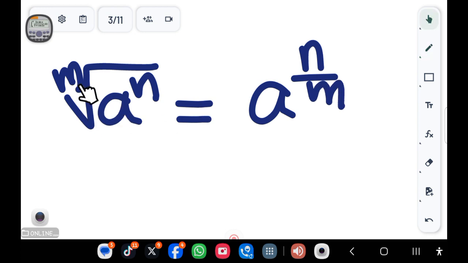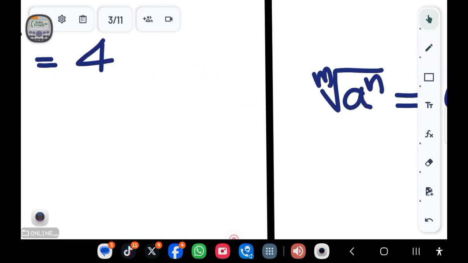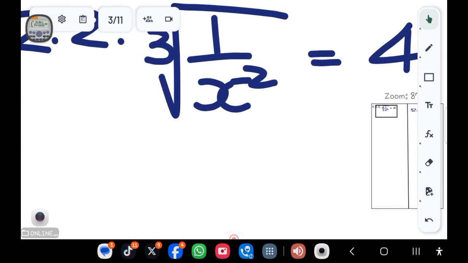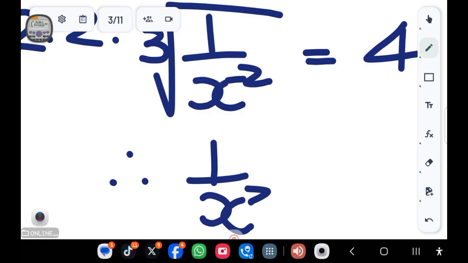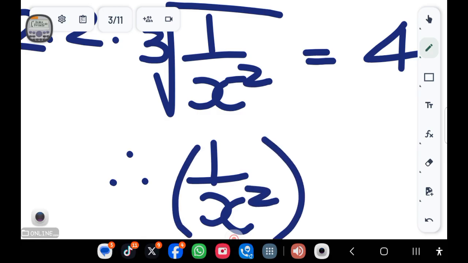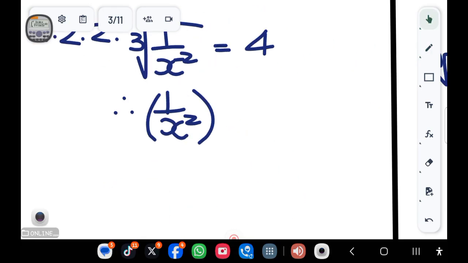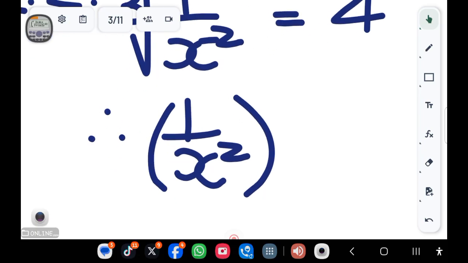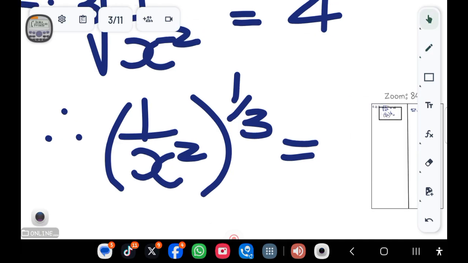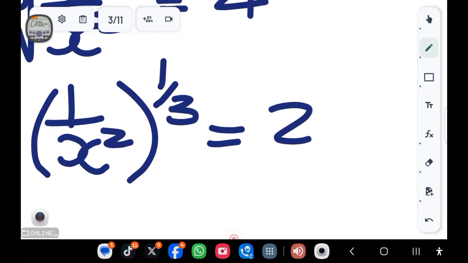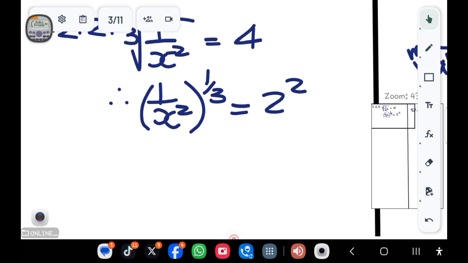That's what it changes into. So that's what we do for this one. On the left hand side, we go 1 over x squared, all to the power of 1 over 3. Over here we get 2 to the power of 2. That's what 4 translates into.